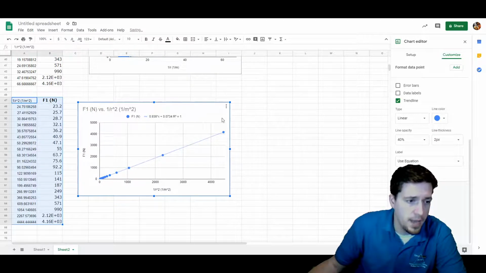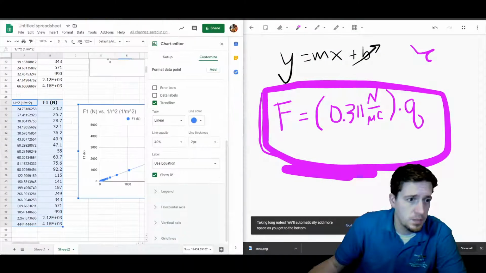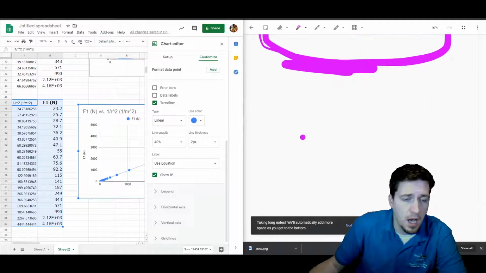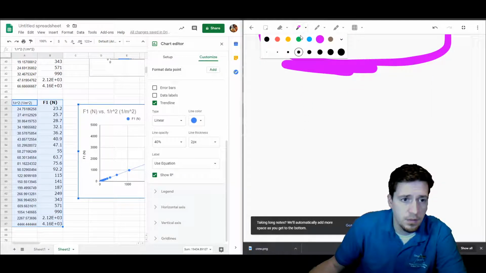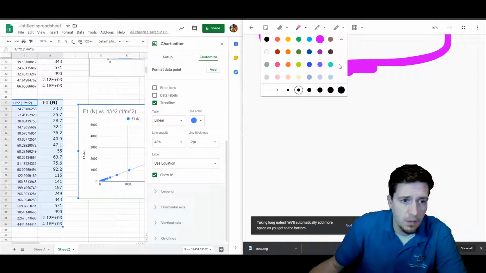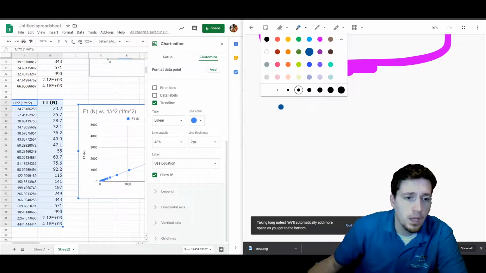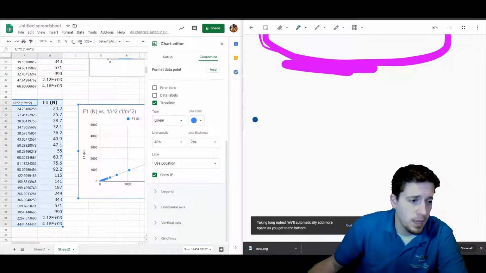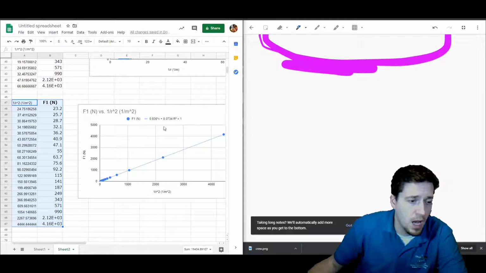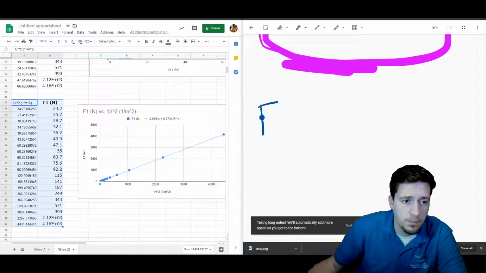Boom. So now let's bring up that Google Keep window again. And now what I have with this, let's change this up. Oh, that's a fun color. Okay. So again, we got that y equals mx plus b format. But if we look, so now it's going to be F, right?